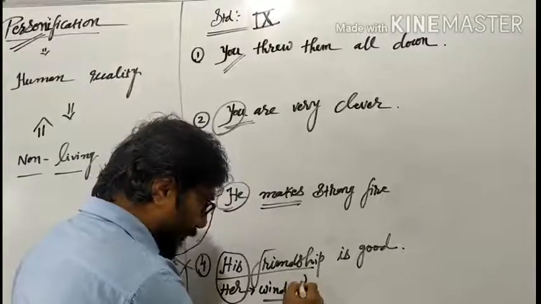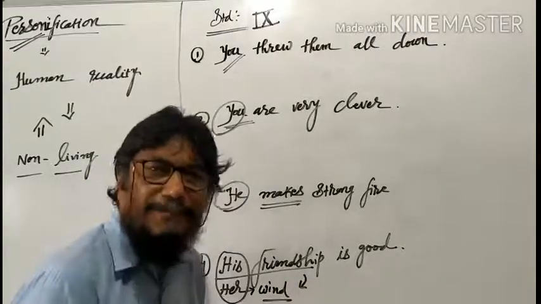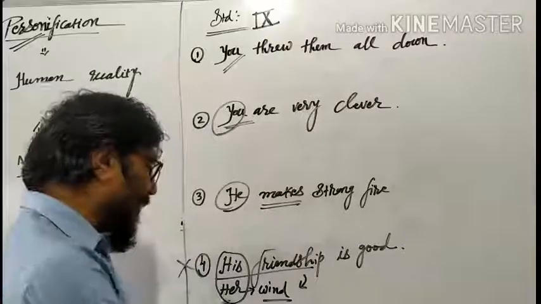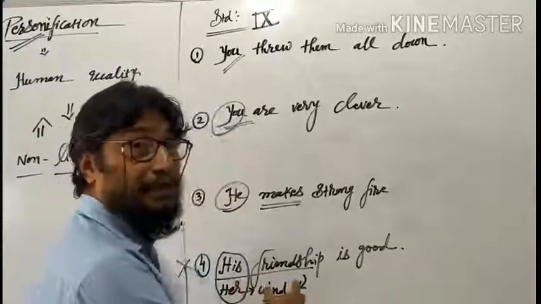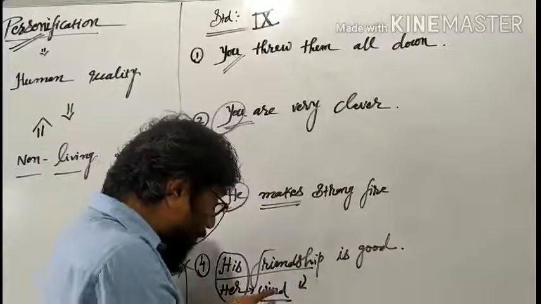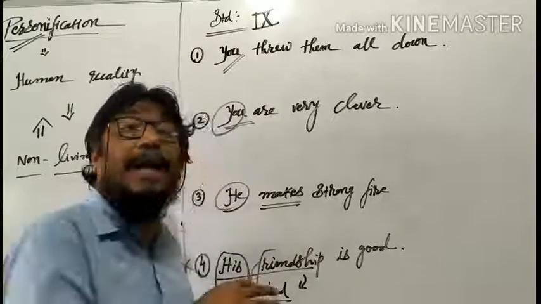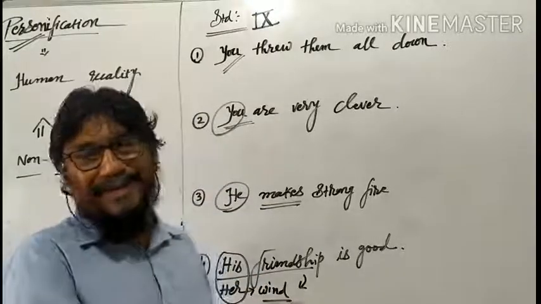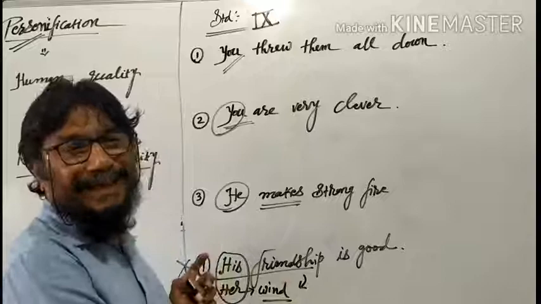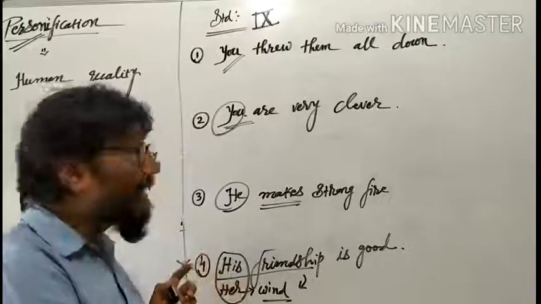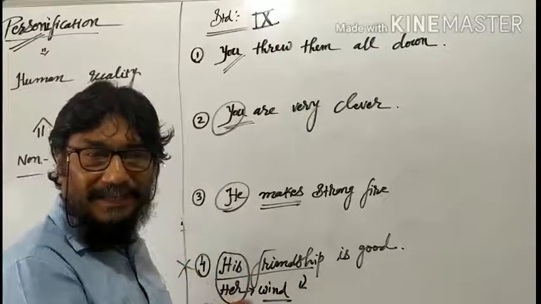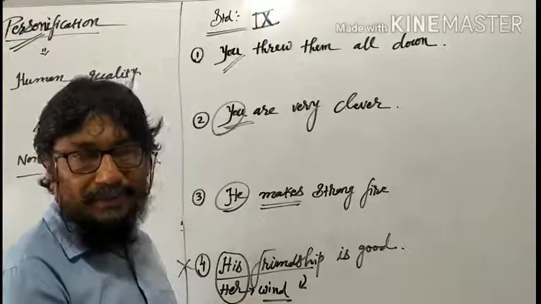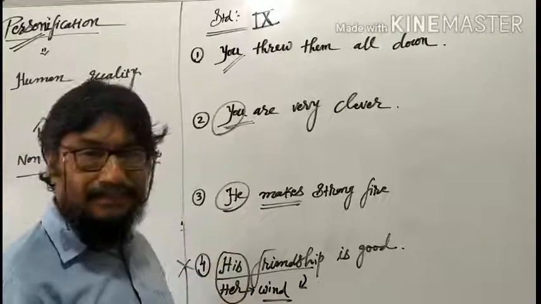With the wind, friendship is not possible, and yet it is given here, "his friendship is good." It means we have explained wind here as a person. Though wind is non-living, yet it is explained in this way. Hence, it is proved that these are the best examples for personification from your text.